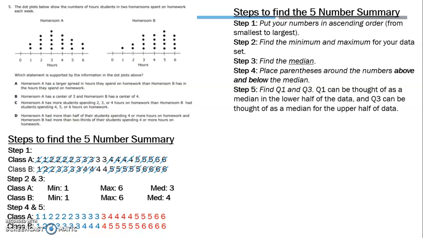Okay, so I'm going to use those values for A, and in B, the 4s were not the median, so I didn't use them. I had to get an average of them. So I'm going to use those, half go to the left, half go to the right. And I'm going to use those to find my median, which is going to be my Q1, and my other median on the right side of the data, which is my Q3.